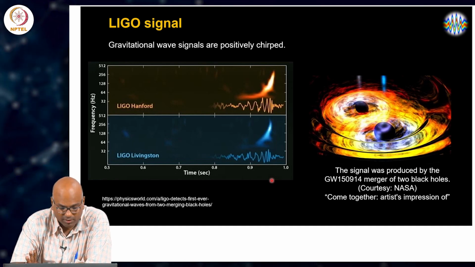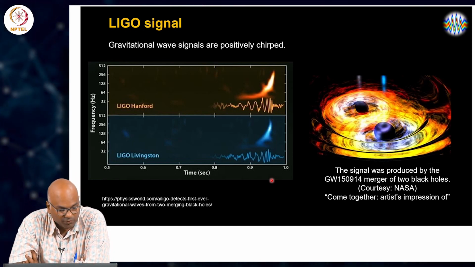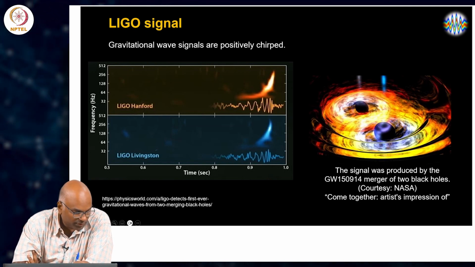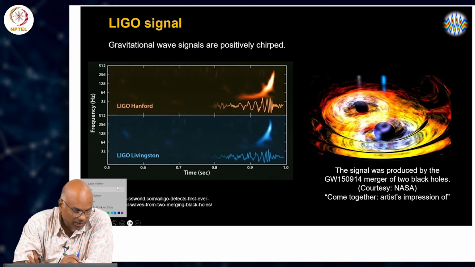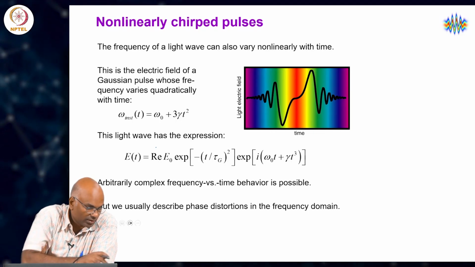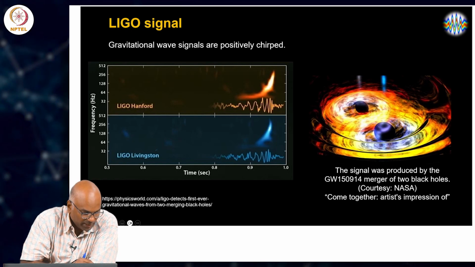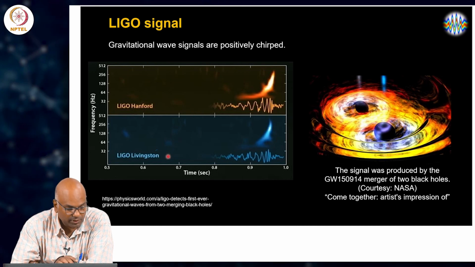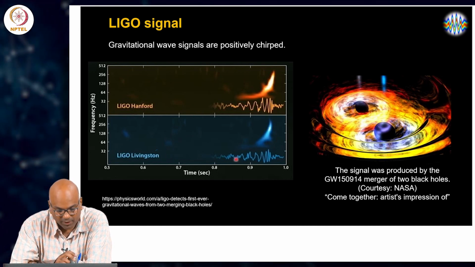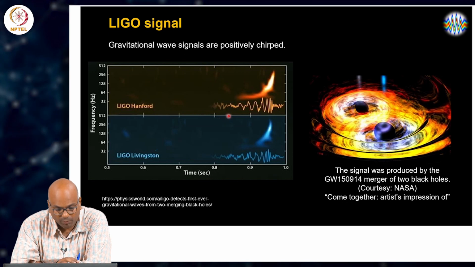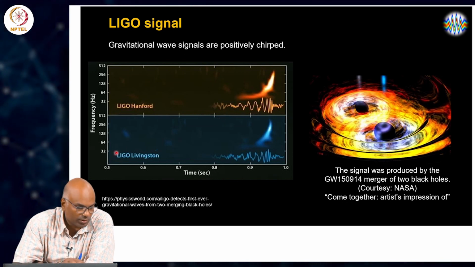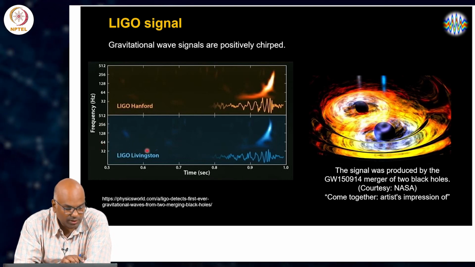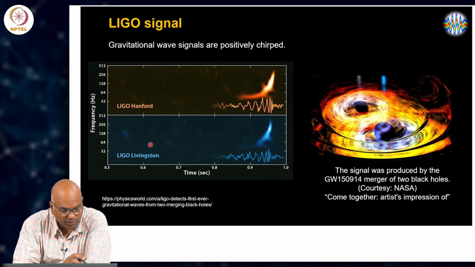This is a copy of the data that was uncovered by the first LIGO signal, the first gravitational wave signal measured by mankind at the two LIGO observatories, Hanford and Livingston. In both cases you can see that the frequency of the observed signal, look at the values here, is in the tens to hundreds of hertz.